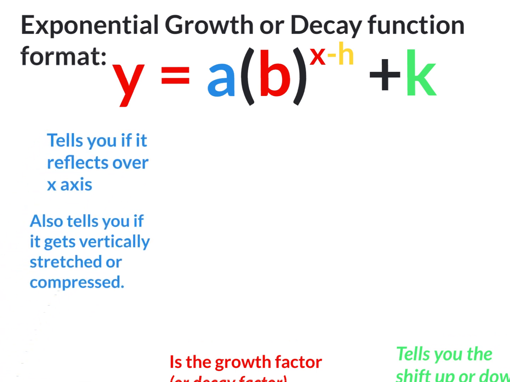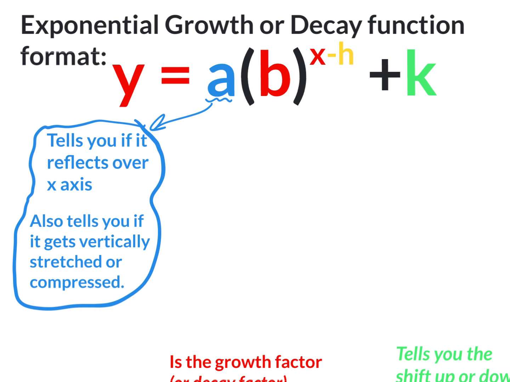The a value tells you if it reflects over the x-axis, and it also tells you if it gets vertically stretched or compressed. Obviously, if this was a 1/10, it would get compressed. If it were a 3, it would get stretched. If it were a 5, it would get stretched. If it were a -5, then it would get reflected over the x-axis, then stretched by 5.